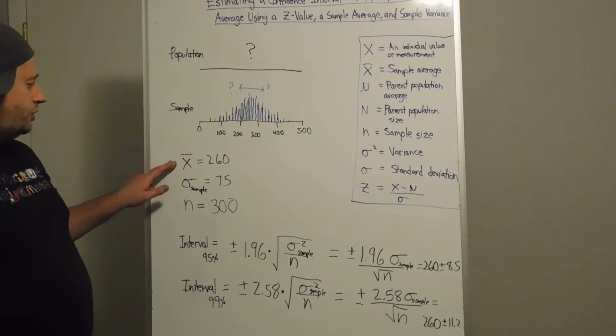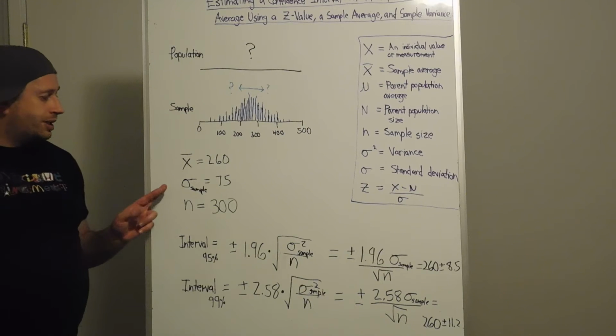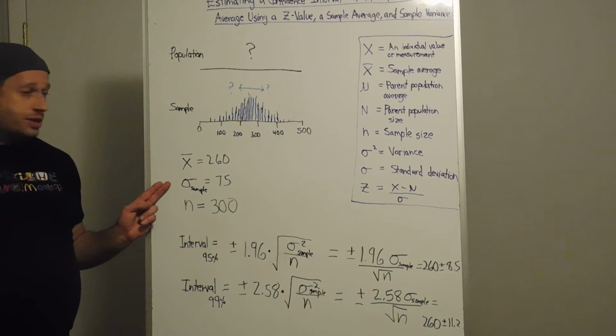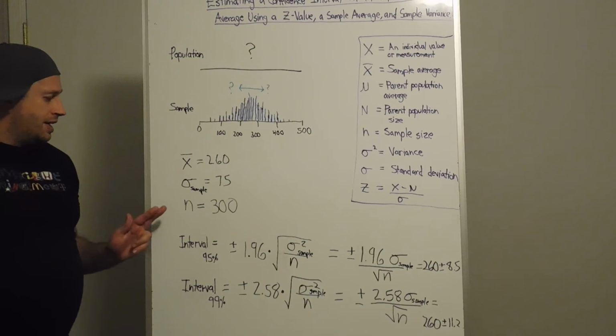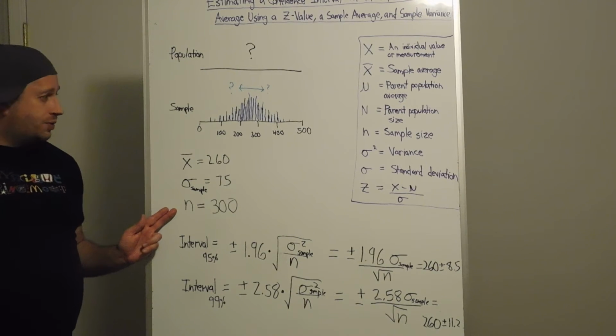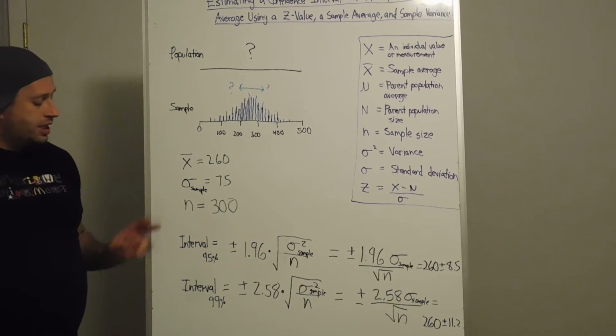So, we know what the sample average is. We know what the sample standard deviation is. Let's say it's 75. I try to guess from what I drew here. And then n, I said 300, but that's probably less than 300 there.